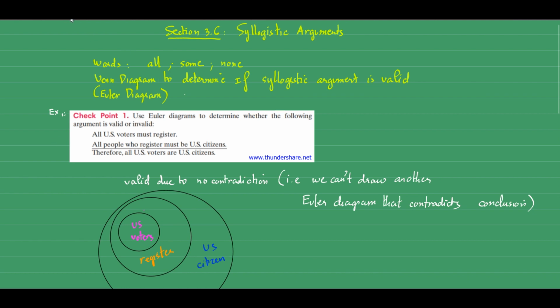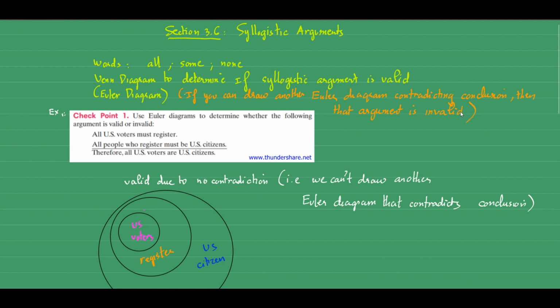So I'm going to put that if you can draw another Euler diagram contradicting the conclusion, then that argument is invalid.